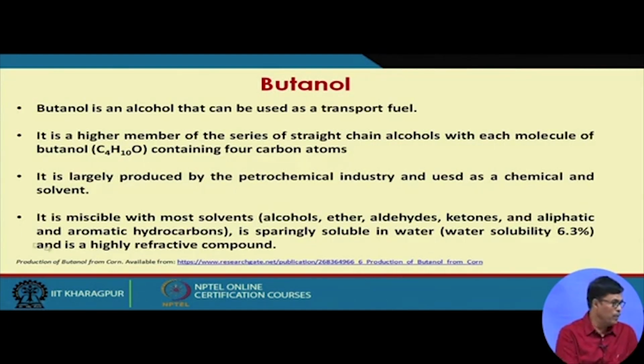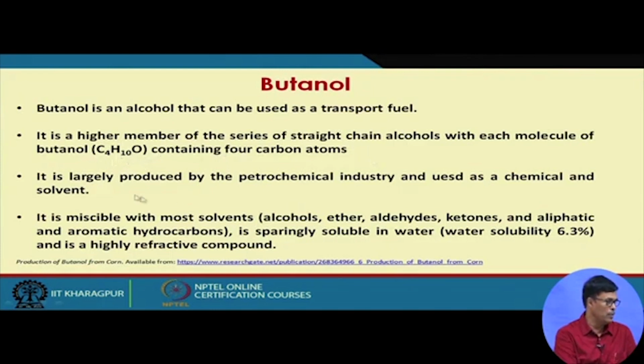It is a higher member of the series of straight chain alcohols. Butanol is C4, containing a carbon chain of 4 carbon atoms.